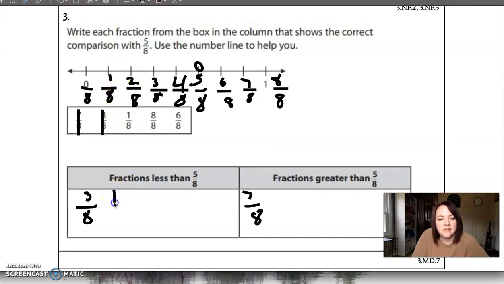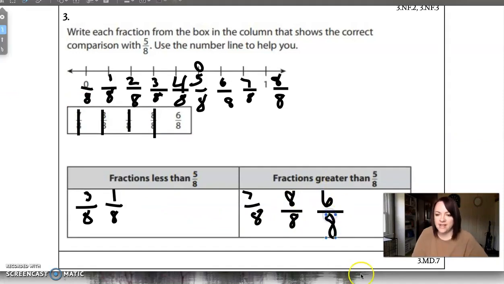It is less than. So we're writing 1 eighth here. And then we have 8 eighths. Well, that is a whole, so we know that's going to be bigger. And then 6 eighths is 1 more than 5 eighths, so we know that is bigger. Just like that.